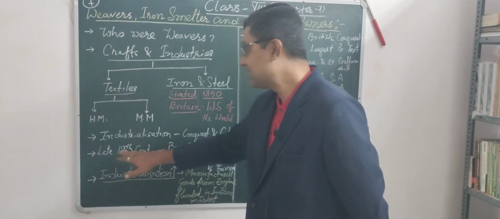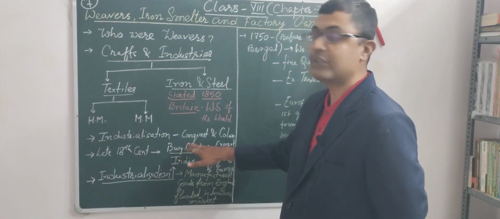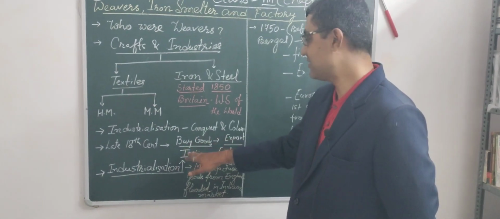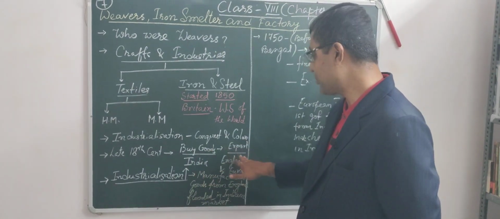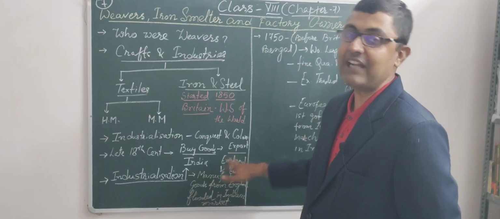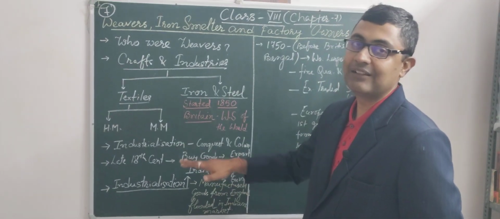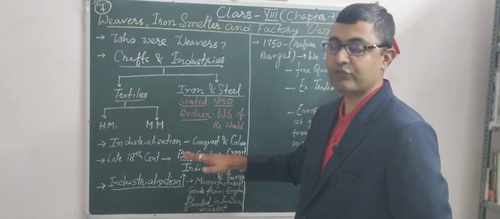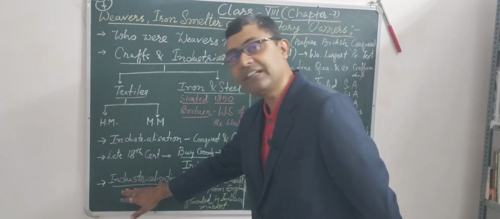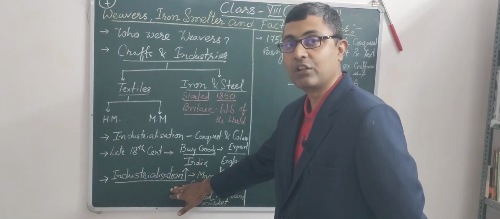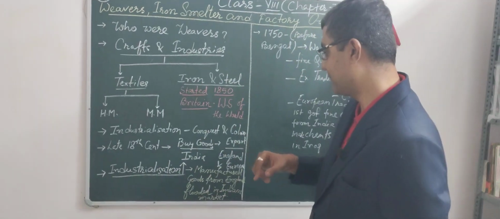In the late 18th century, the Europeans, especially the British, bought goods from India and exported them to England and Europe. After that, they made finished products in their industry, and that is why industrialization took place and they started growing.